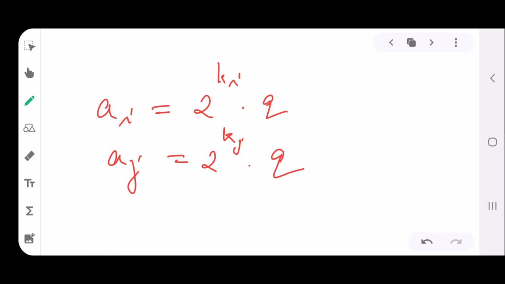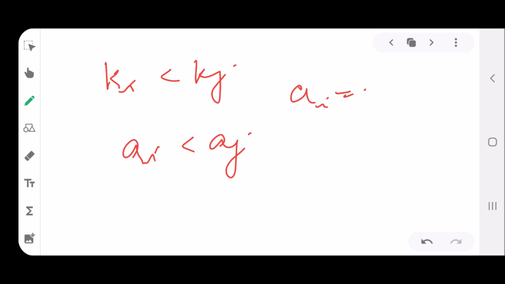Now we don't know whether ki is greater than kj or ki is less than kj. So let's take both cases and then our proof will be complete. If ki is less than kj, then ai is less than aj, with ai equal to 2 raised to ki into q and aj equal to 2 raised to kj into q.